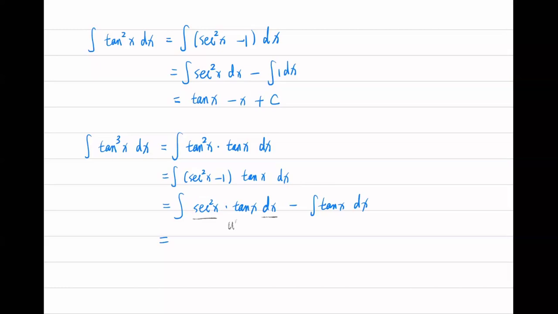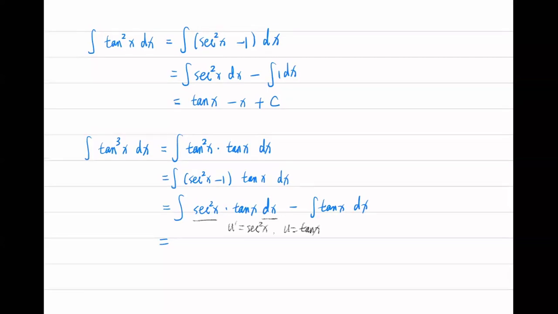U derivative is secant squared, u is tangent x. Use the substitution, we get u du.